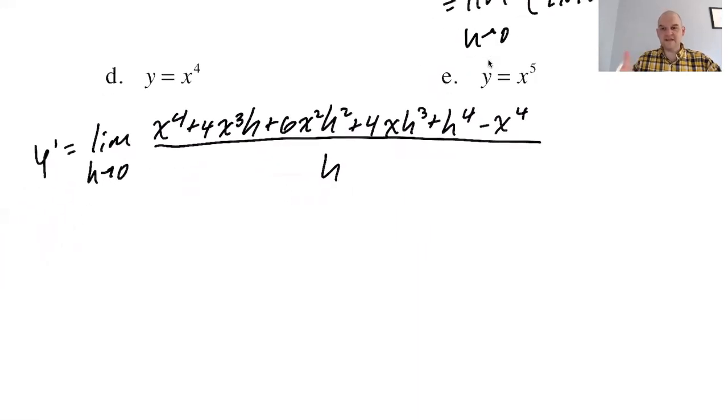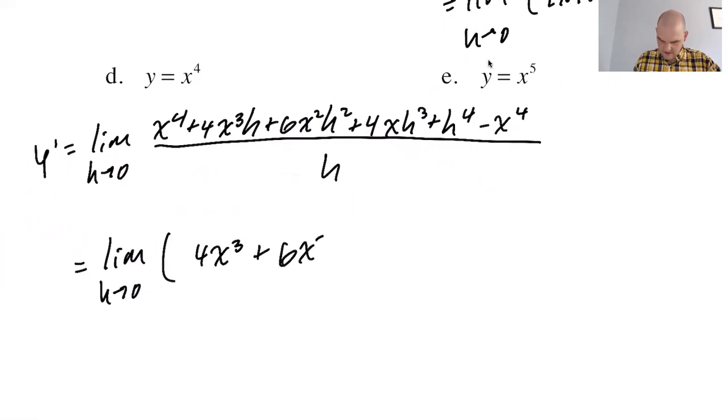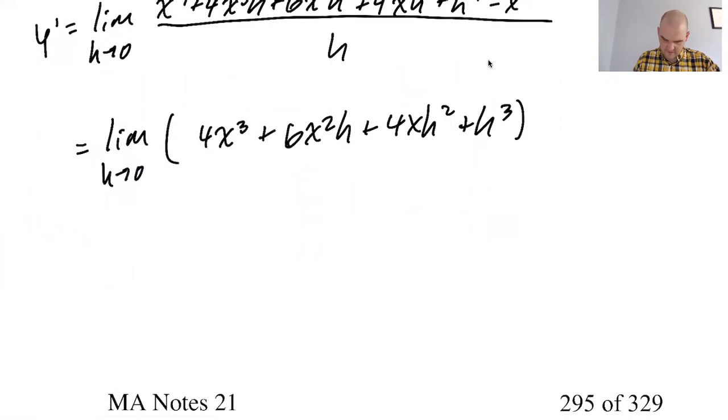All right, we're going to cancel and cancel. Cancel in the numerator anything without an h, cancel an h from everything in the numerator that's left over. Limit as h approaches 0 of 4x cubed plus 6x squared h plus 4x h squared plus h cubed.